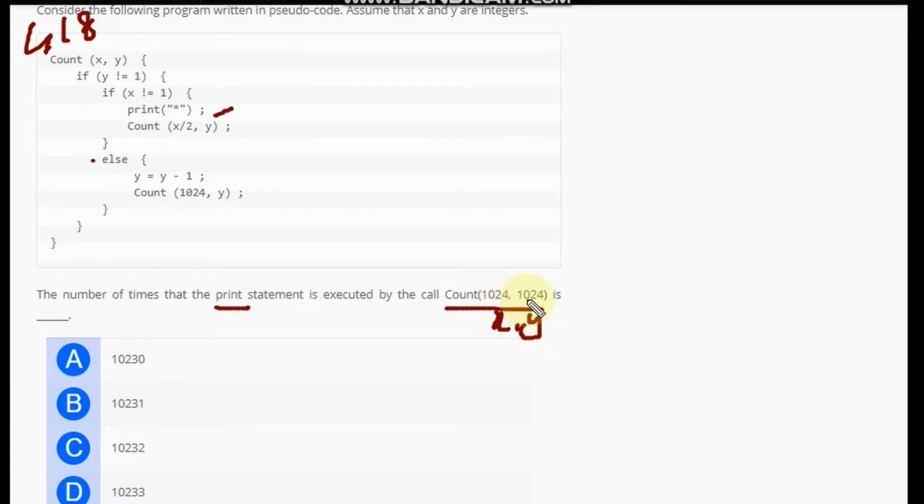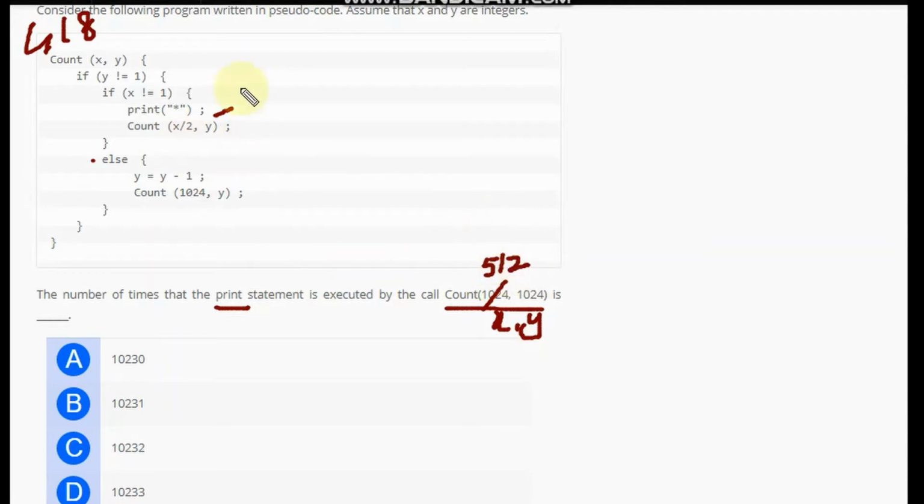Okay, so first this condition is true and this condition is also true, then this print statement will be executed. After that, x will be reduced by dividing by 2. So the next value will be 512.